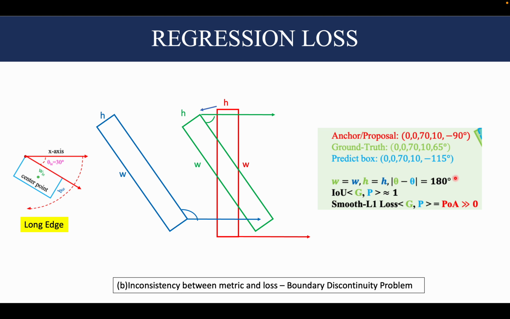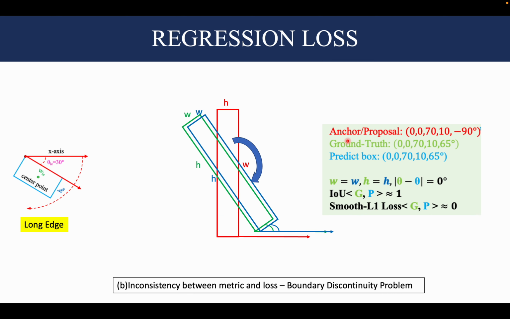So again, the regression here takes place by a clockwise rotation of the anchor to match the angles, which results in the IOU becoming 1 and the smooth L1 loss becoming 0. Therefore, this poses a problem during training for the model, and the model ends up learning a very complex form of regression, which creates problems during inference.